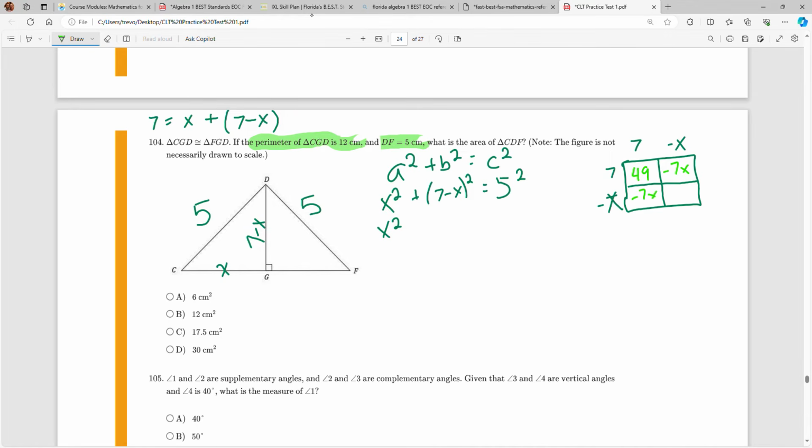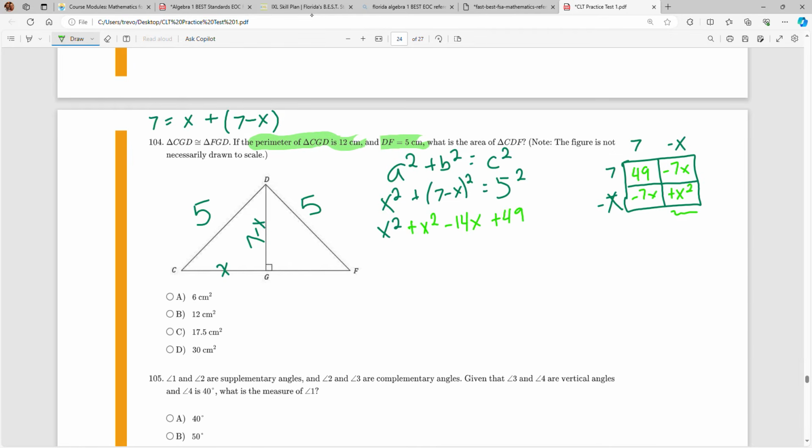And negative x times negative x becomes positive x squared. So I can put these together. I'm going to put this one first, plus x squared. And then I'm going to combine these two: negative 7x minus 7x is minus 14x. And then on the end, plus 49.